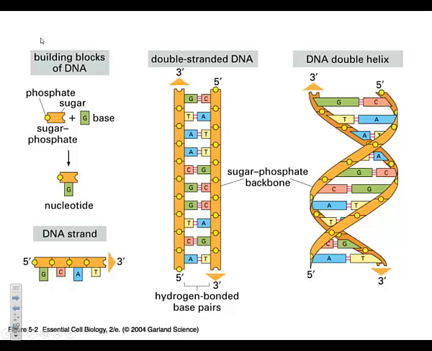So what do you notice about the hydrogen bonding? Okay. So when we look in a moment at the structure of these nucleotide bases, you'll see that there are 3 opportunities for hydrogen bonding between G and C and 2 between A and T.